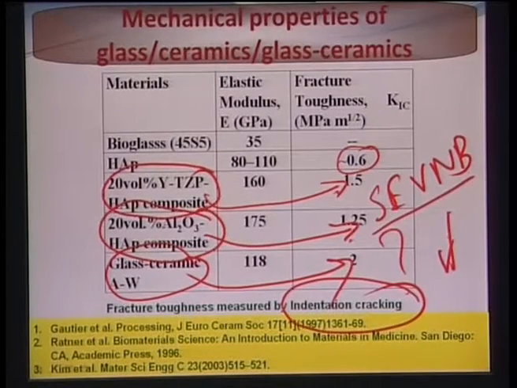So whatever you are getting as 1.5, it will not be 1.5, but it may even be below 1 MPa square root meter. What I am trying to say is that the toughness values measured with the hydroxyapatite mullite certainly tell you that you can get good SEVNB toughness properties from these materials, which are not being achieved with any other materials reported to date.